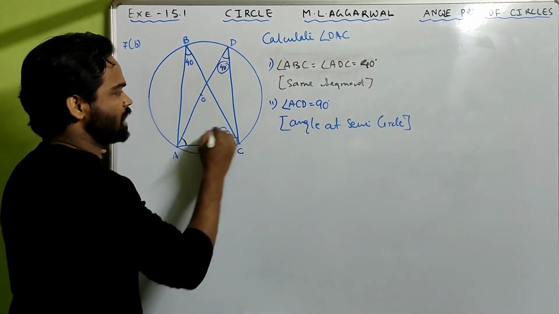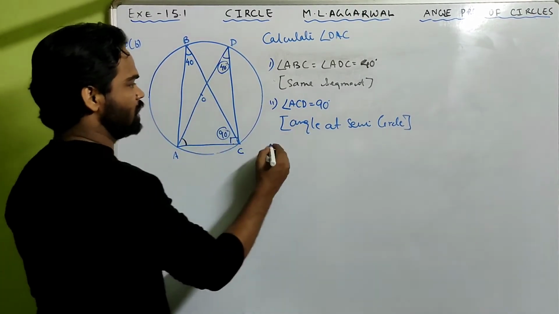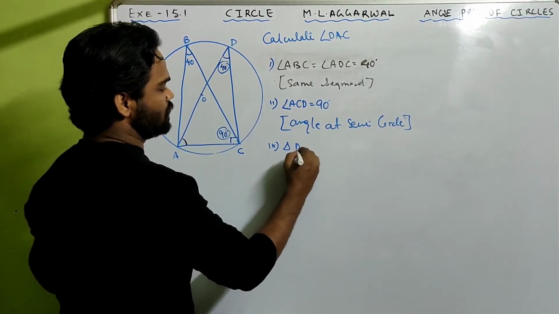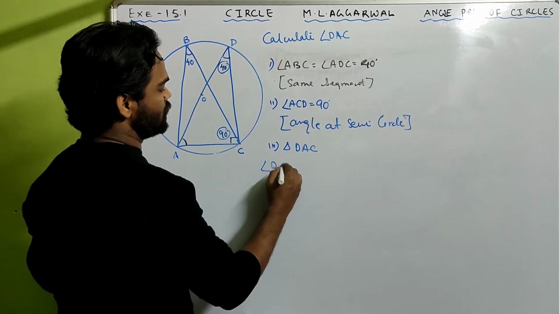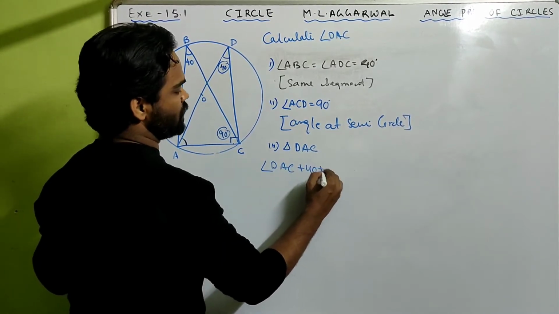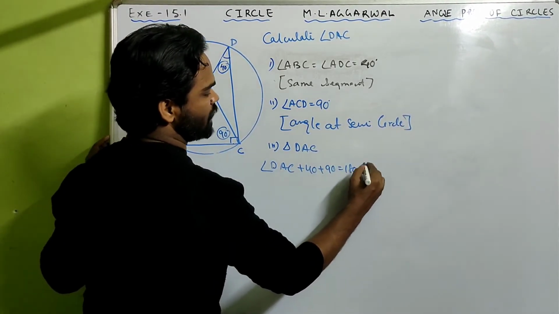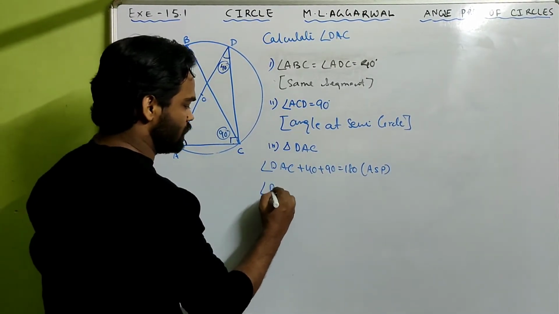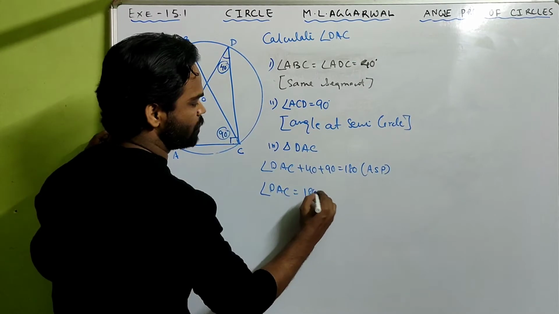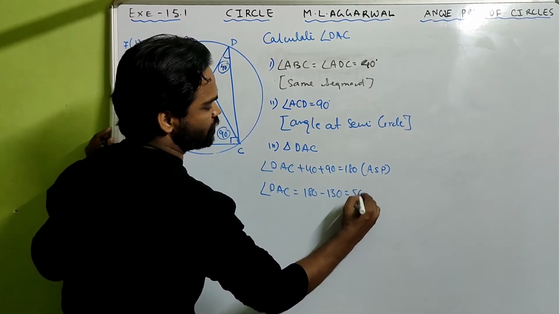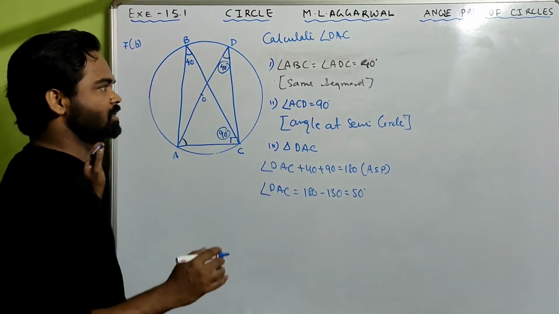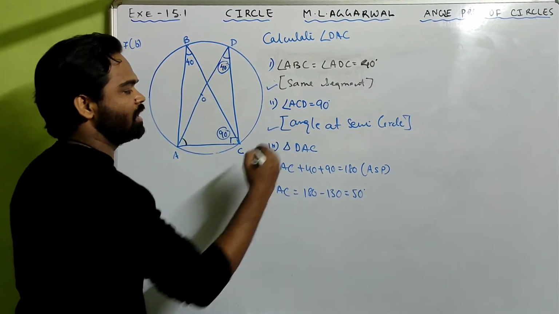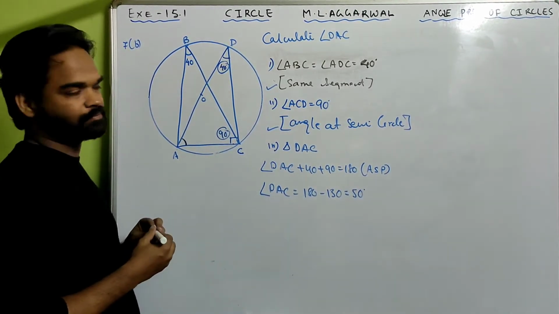Once you get this angle, in triangle DAC, angle DAC plus 40 plus 90 will be 180. That's the angle sum property. We know this. So angle DAC will be 180 minus 130. That's 50 degrees. Pretty easy. We use the same segment and angle at semicircle properties.